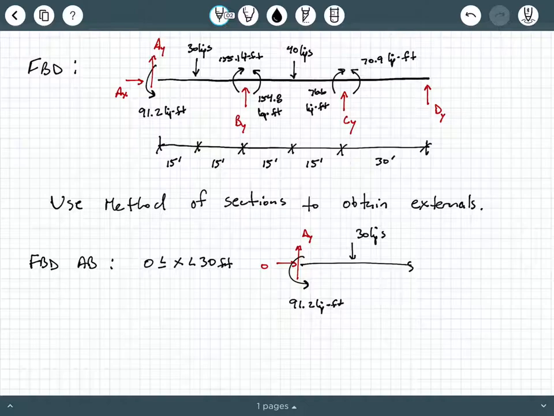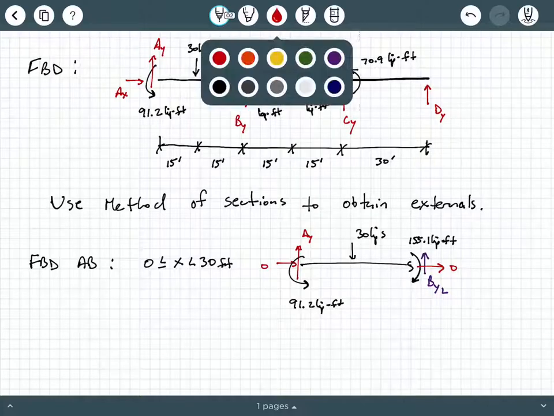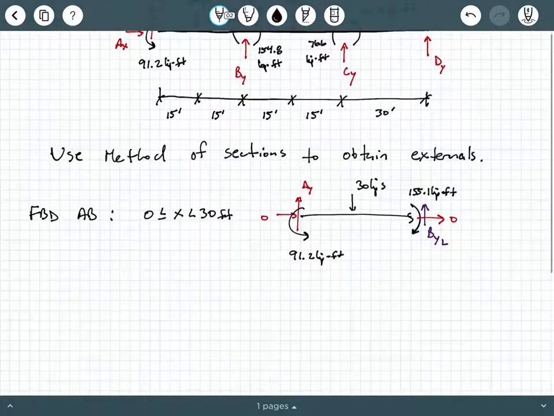We got 30 kips here, and then we have this 155.1 kip feet, and then we're going to have, I'll go with a different color here, a BY left right here, and then our normal force is still 0, okay? So we can, if you want, put a 0 right there to be proper.